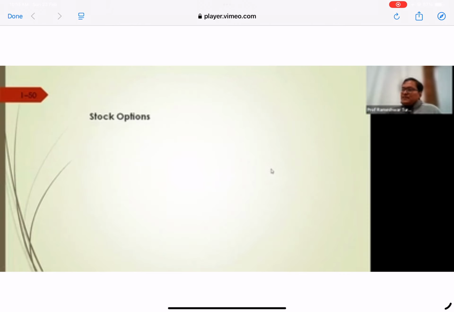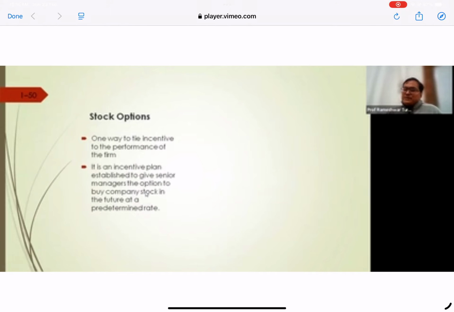Then there are stock options. One way to tie incentive to the performance of the firm is actually to give the stocks. It is an incentive plan established to give senior managers the option to buy company stock in the future at a predetermined rate. Then there are ESOPs, which were very popular once upon a time in IT companies.